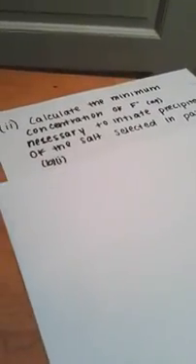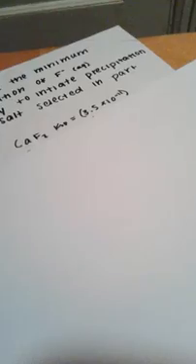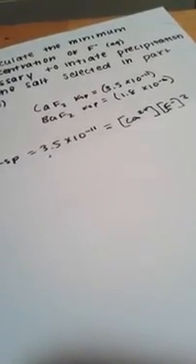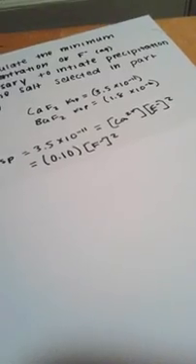Part 2 says calculate the minimum concentration of fluoride aqueous necessary to initiate the precipitation of the salt selected in Part B1. So we selected that calcium fluoride would precipitate first, and the question said that its KSP equals 3.5 times 10 to the negative 11, which equals the calcium concentration times the fluoride concentration squared. The calcium is 0.1.